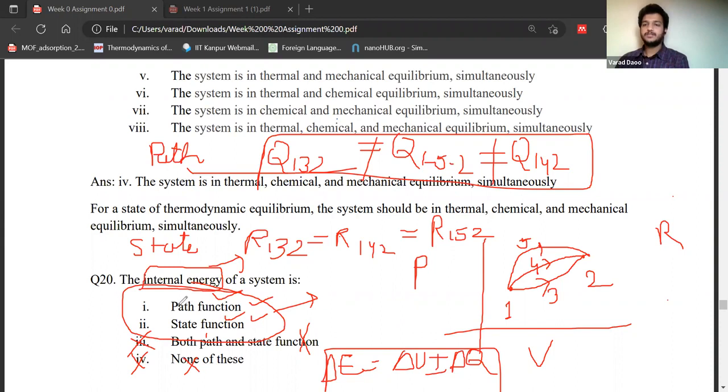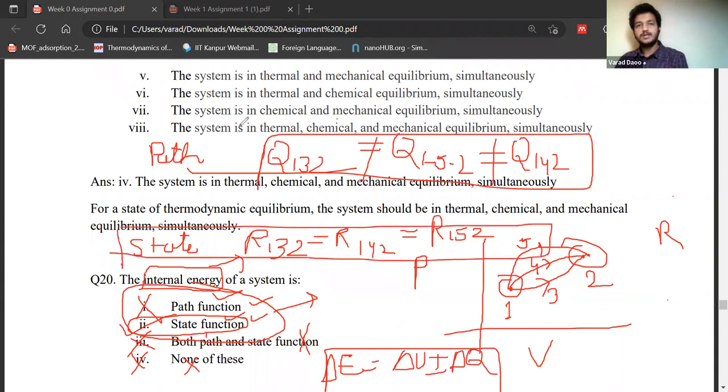What is internal energy? Is it a path function? No. It will be a state function, right? Because it does not depend on the path. It depends only on the initial and final state.